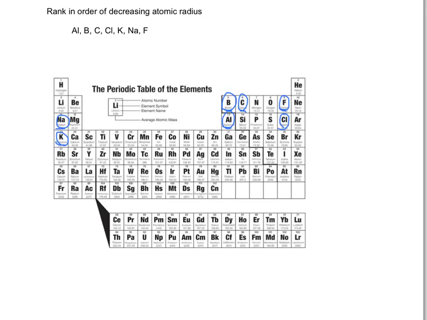I think the best strategy to do this is to think of the trends again. As you go across, your size decreases, it gets smaller. As you go down, your size increases. So find the corner in the periodic table that has the smallest radii and the corner that has the largest radii.